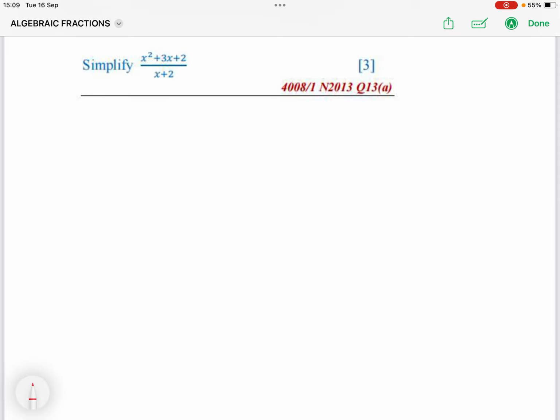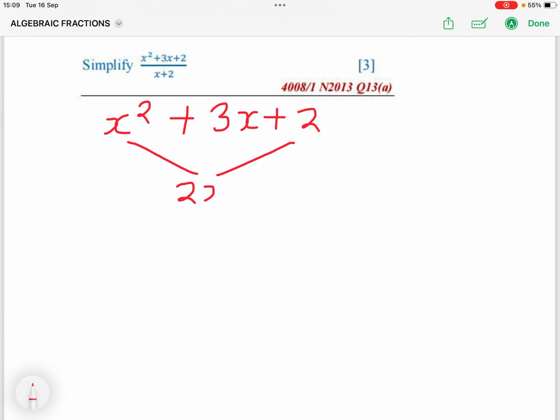So first of all, we need to factorize our numerator. We have x squared plus 3x plus 2. Here we are going to multiply x squared and 2 in order to get 2x squared. And we look for the factors of 2x squared, which when we add, we get 3x.